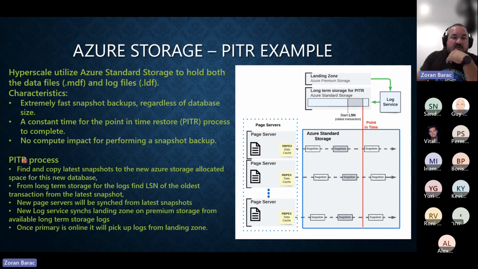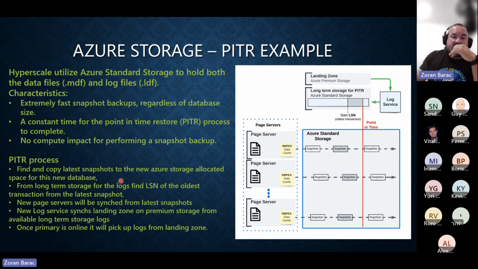So how does point-in-time recovery actually work? When you want to restore your database, you have that Hyperscale deployed and working fine, with all those backups in place, and you want to deploy to the same logical server but as a different database, because for some reason you want to go back a day.